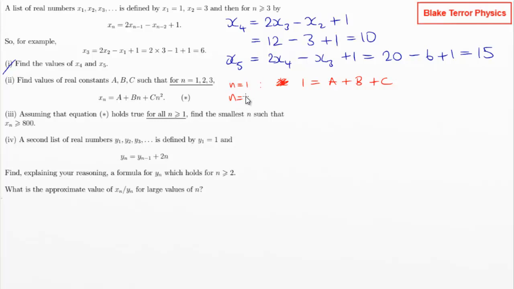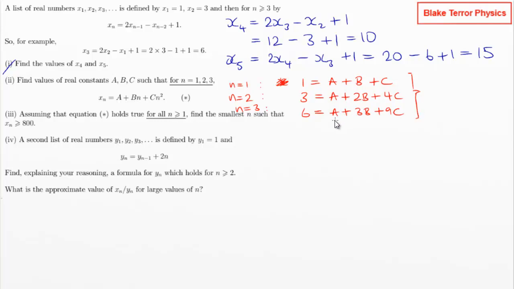For n is 2, x2 is 3, so that will be a plus 2b plus 4c. And for n equals 3, that was 6, so 6 is equal to a plus 3b plus 9c. So we just need to solve these simultaneously.